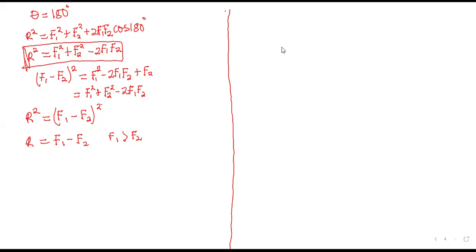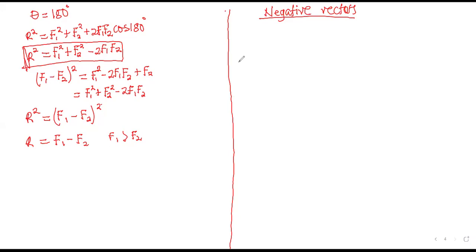Now let's look at negative vectors. Negative vectors are not different from positive vectors.